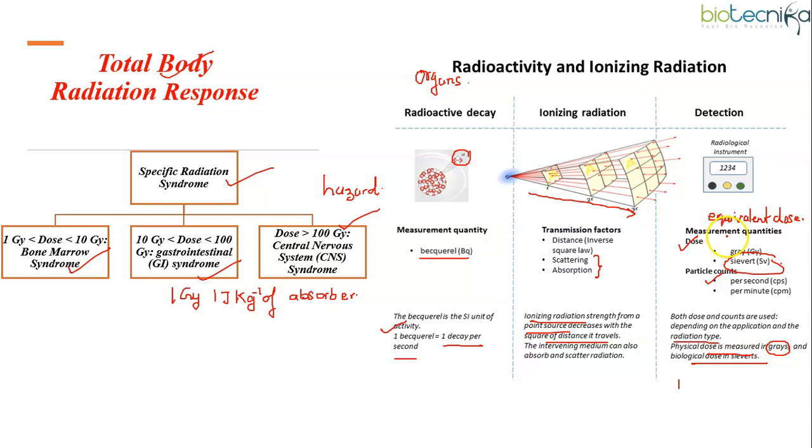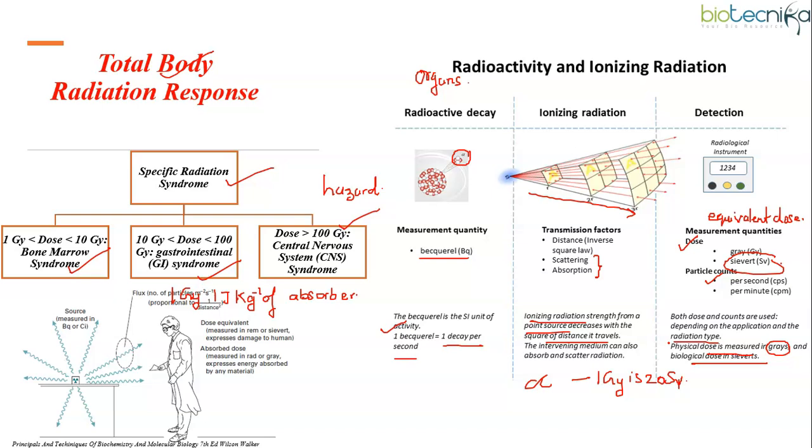So for beta radiation, gray and sievert are the same, but for alpha radiation, 1 gray is 20 sievert. In other words, alpha radiation is 20 times as toxic to humans as X-rays for the same energy absorbed. So clearly, from the point of view of safety, it is advisable to use radioisotopes with lower energy wherever possible.